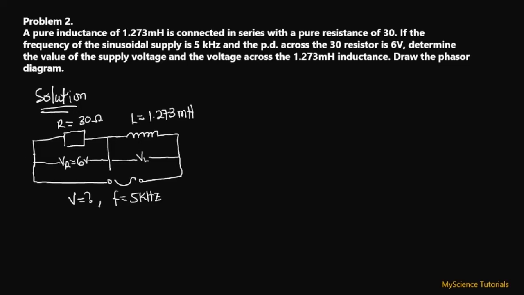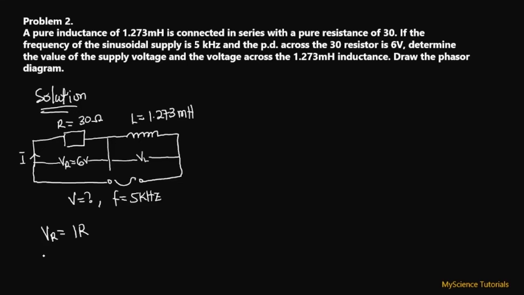Now, in this AC circuit, because the components are connected in series, the same current flows through all of them. Since we have the resistance and the voltage across it, we can use these two to find the current, and that will be the same current for the entire circuit. We know VR, the resistive voltage, is equal to IR.